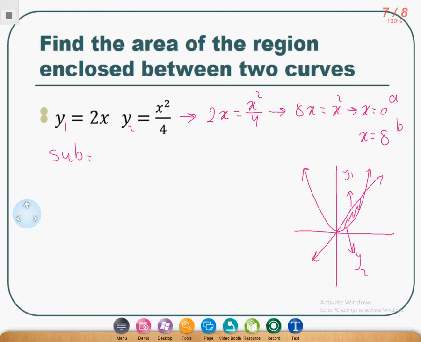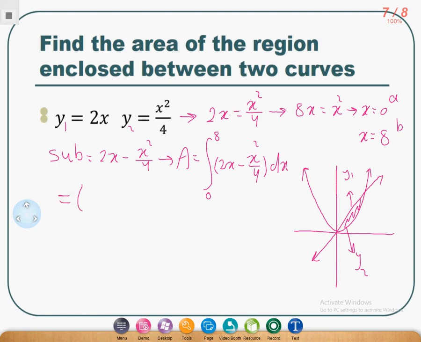Subtraction equals, where is y1? 2x minus x squared over 4. You cannot simplify more, so leave it. After that, find the area, the integration from 0 to 8 of 2x minus x squared over 4 dx. Get the answer.